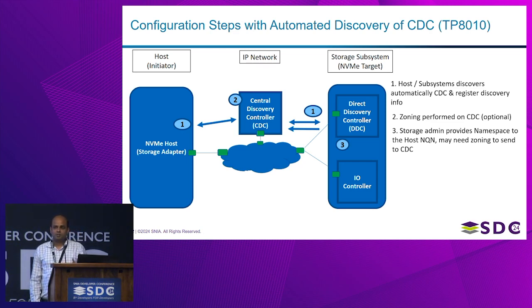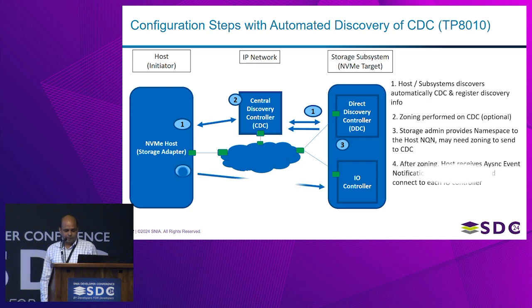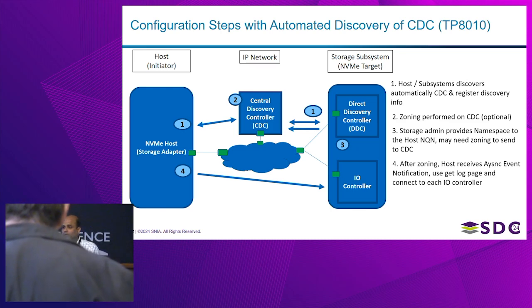Either way, once the zoning is done, the host will have received all the information after zoning, and it sends the AEN, asynchronous event notification, to get the log page and try to connect to the IO controller available on the target side. So here you don't have visibility of all the hosts and storage subsystems in the network. Only a particular host which is allowed through zoning can be discovered via the storage network.